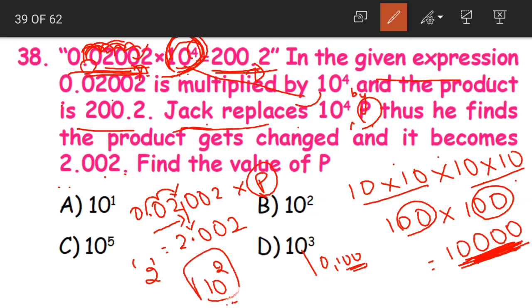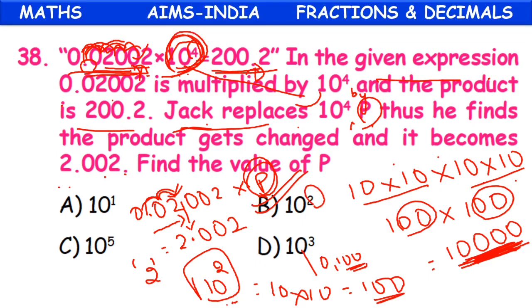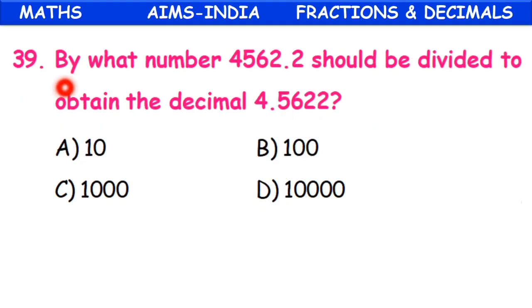Yes, understood. 10 to the power of 2 is nothing but 10 into 10, which is equal to 100. 100 has 2 zeros, so the point has moved 2 places to the right. So the value of P is option B, 10 to the power of 2, nothing but our 100.